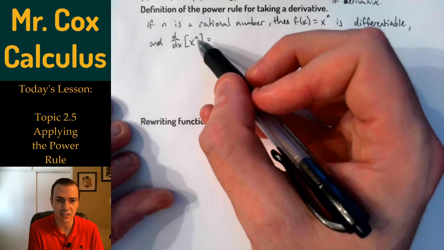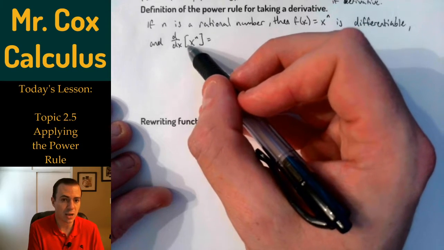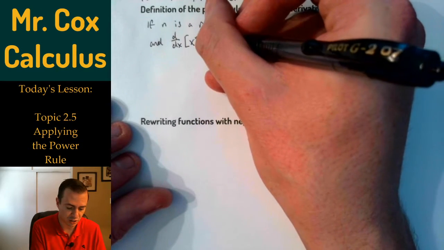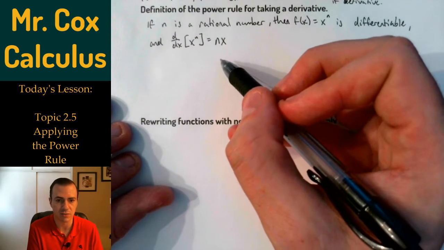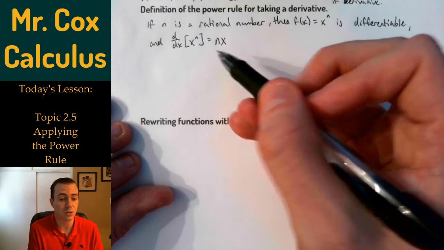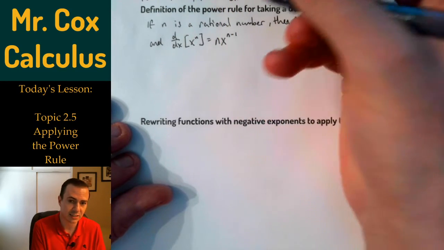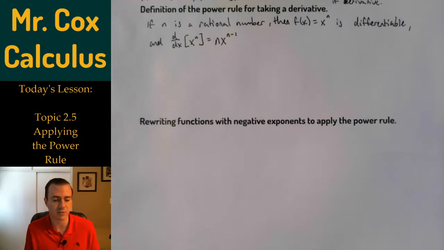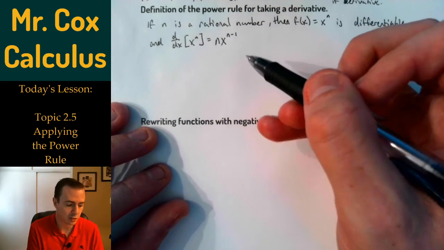What it equals is I can take the power, in this case n, and bring it in front as the new coefficient. And we saw why that ends up being the case in the previous video. And then I need to reduce the power n by 1. So it's n x to the n minus 1. And in the previous video, we talked about why that power gets reduced by 1 as well.